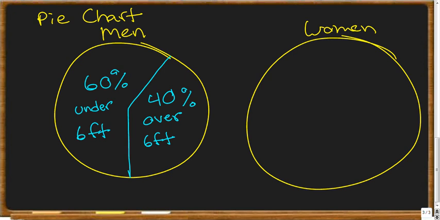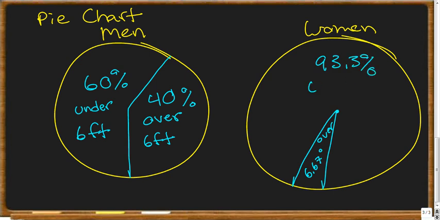Now for women, obviously this was much more extreme. You had 93%. So you had your 6.67%, and this was over. And you had your 93.3% under 6 foot.